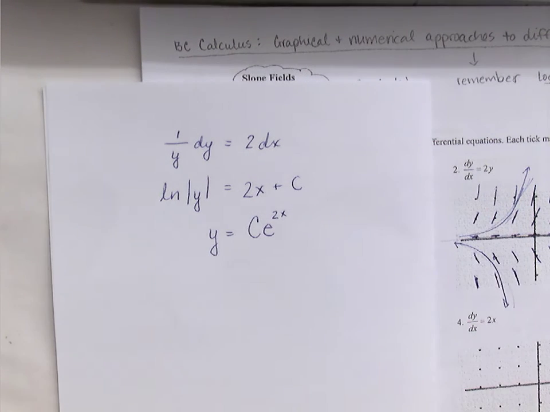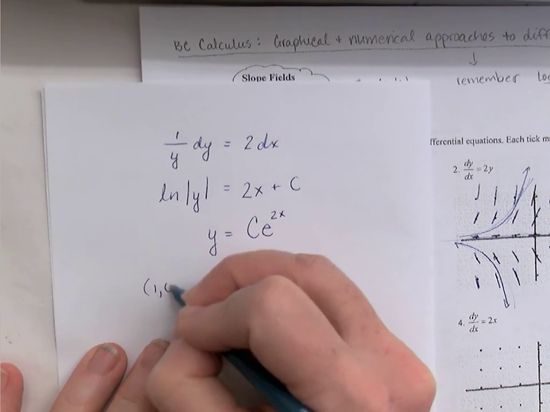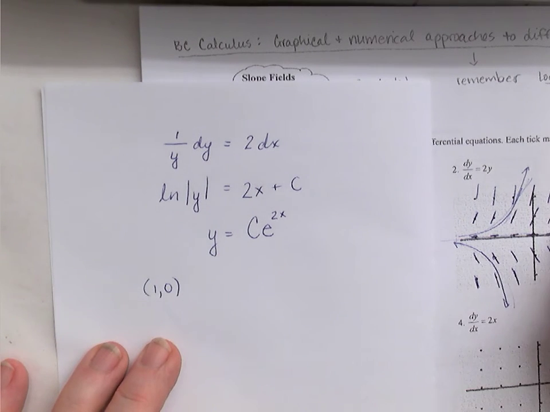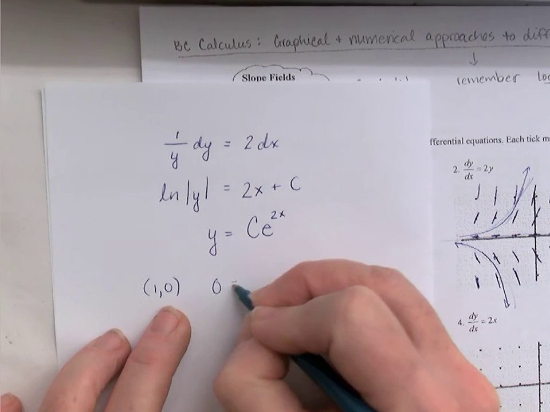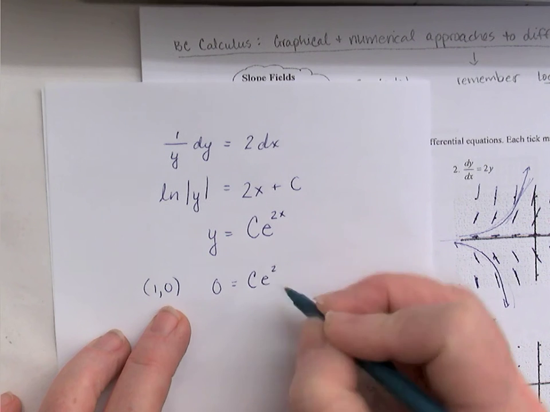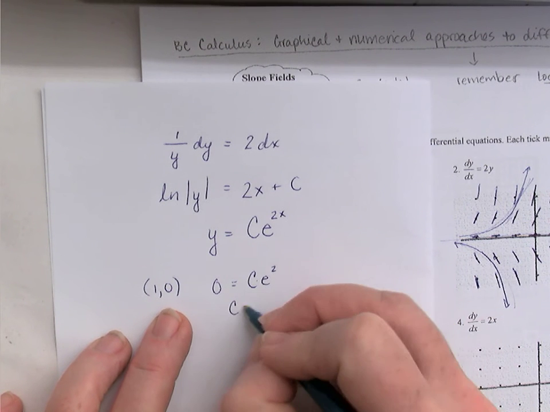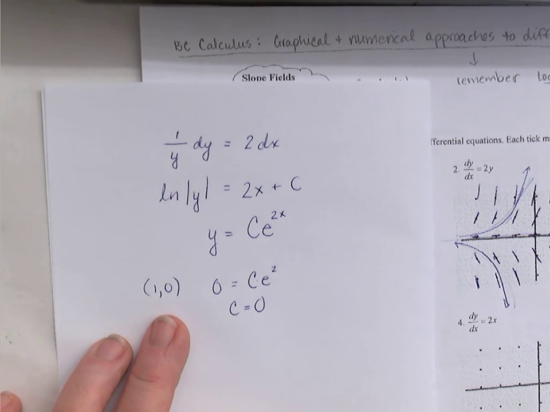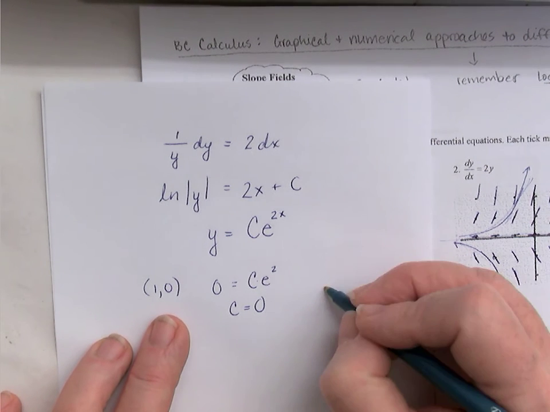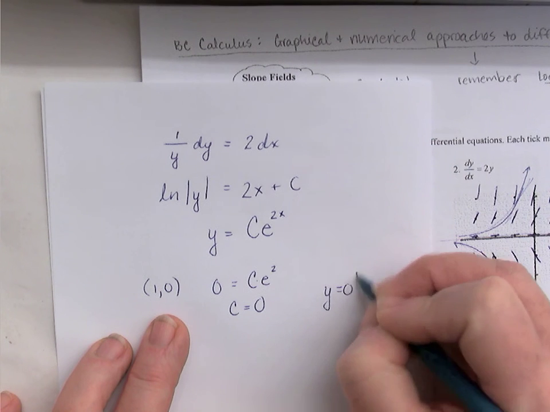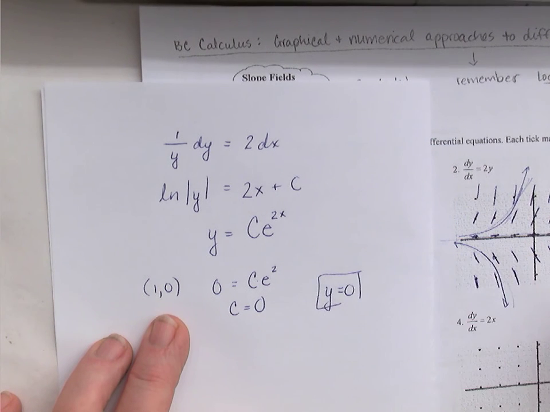And here's what's interesting. Suppose I knew that this was going to go through the ordered pair, let's suppose it's 1, 0, right over here. If I plug 0 in for y and 1 in for x, well, the only solution to this is that c is equal to 0. So one solution to this differential equation is just y equals 0, which is exactly what we predicted.